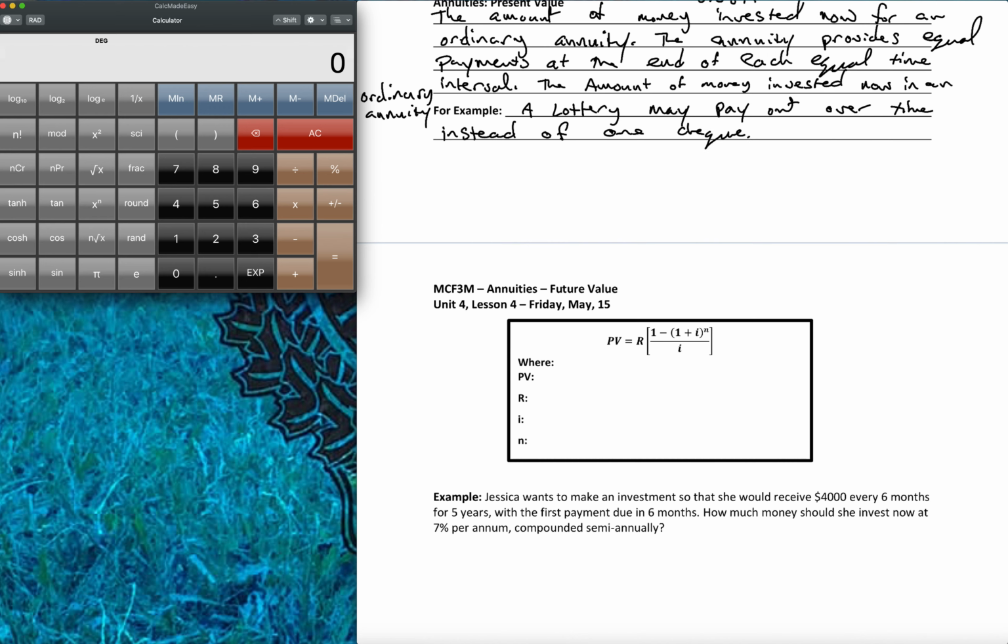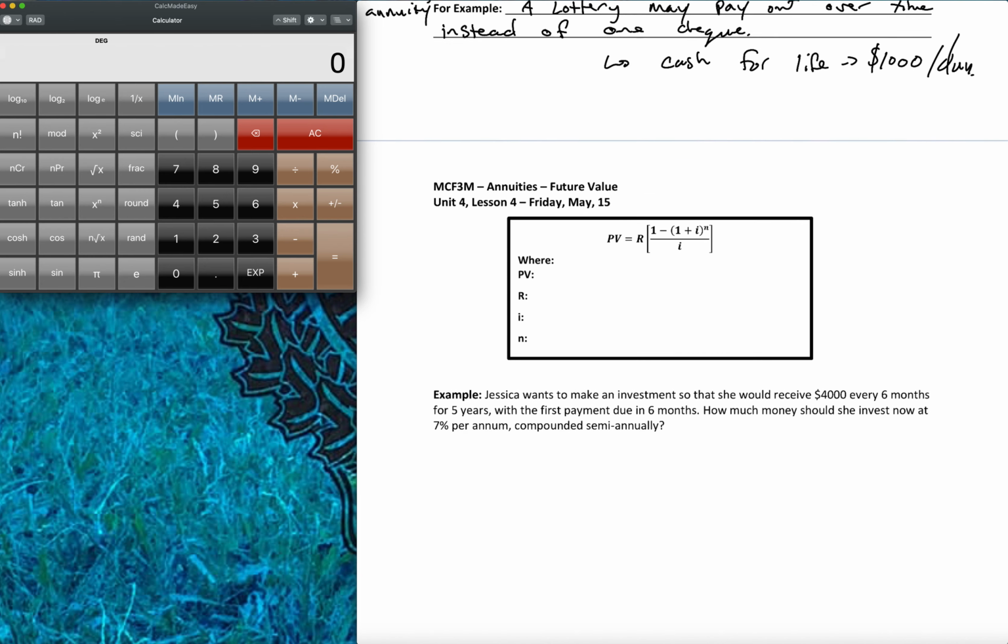Something like Cash for Life, if you've heard of that, where you get $1,000 a day or whatever for the rest of your life, instead of just getting a $1 million check or something like that.